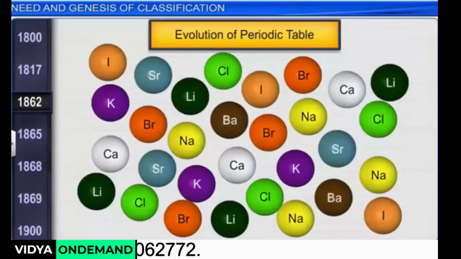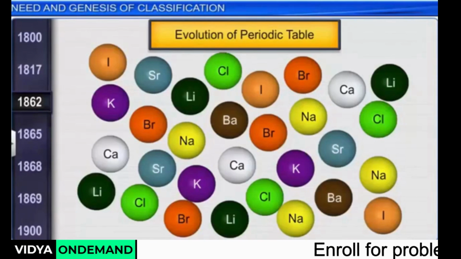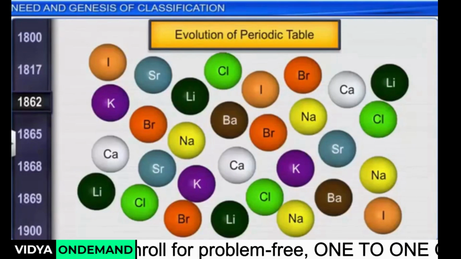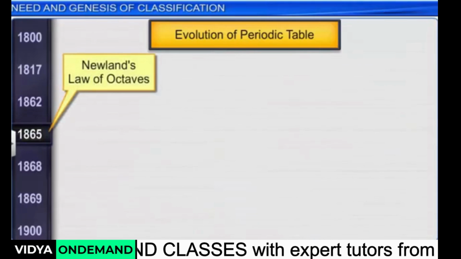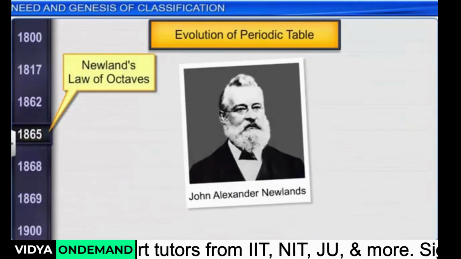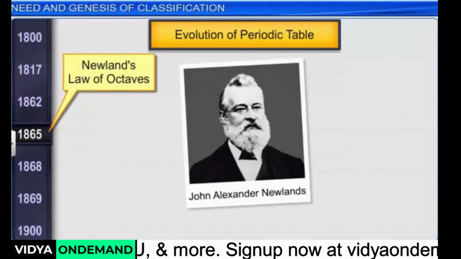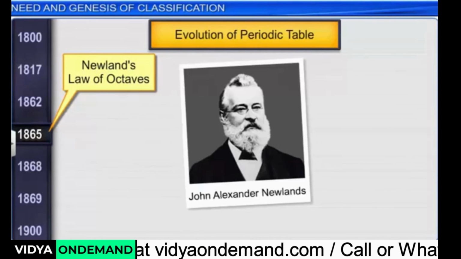Slowly, people recognized the significance of arranging elements based on their atomic weights. In 1865, an English chemist, John Alexander Newlands, propounded the law of octaves.